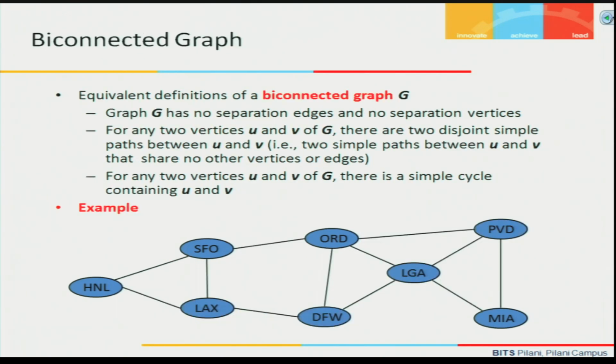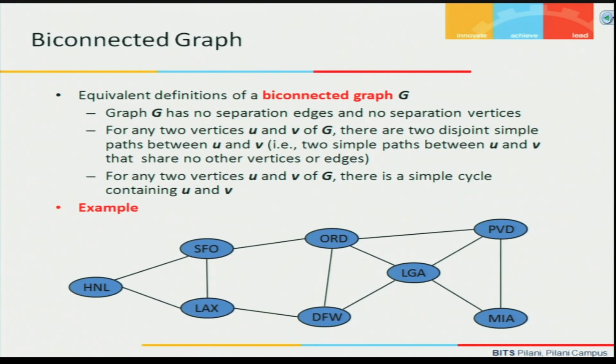We say a graph is biconnected if it has no separation edges and no separation vertices, or equivalently, for any 2 vertices u and v, there are 2 disjoint simple paths between u and v.